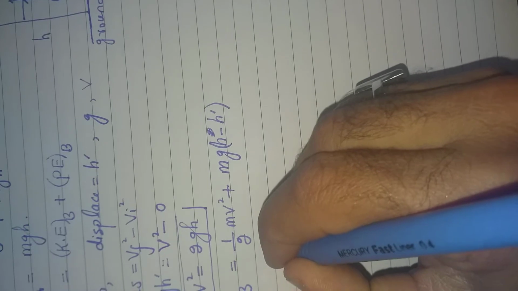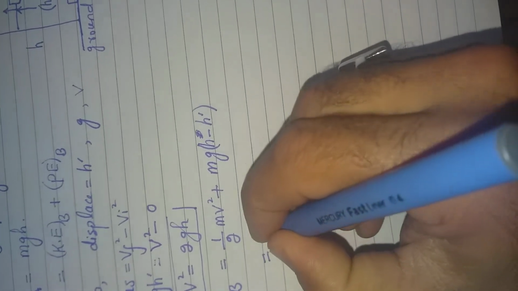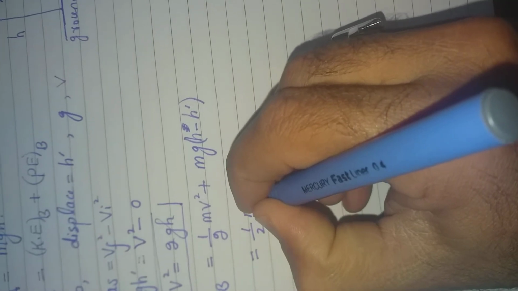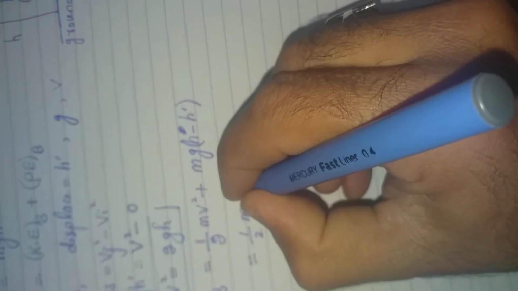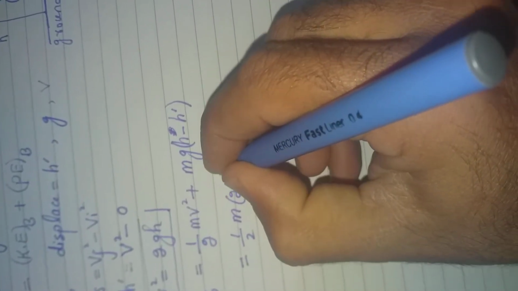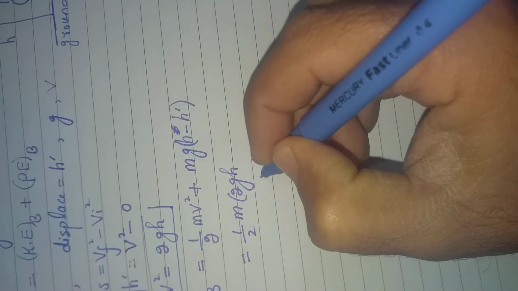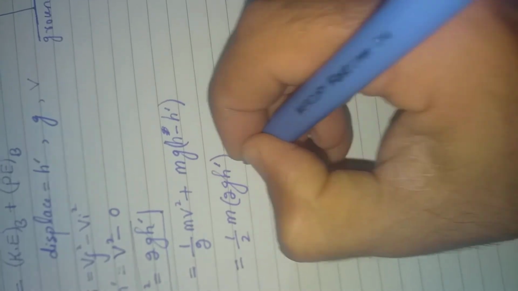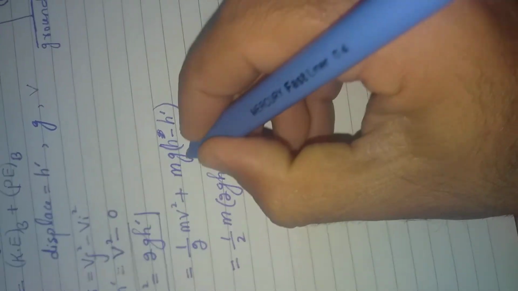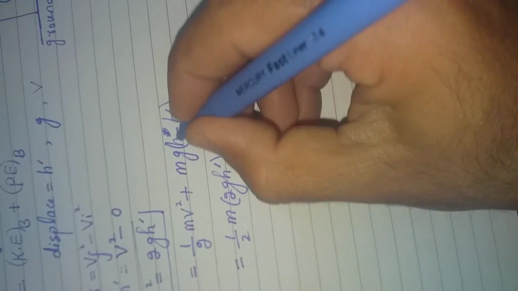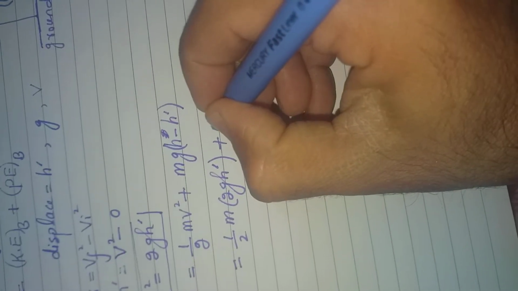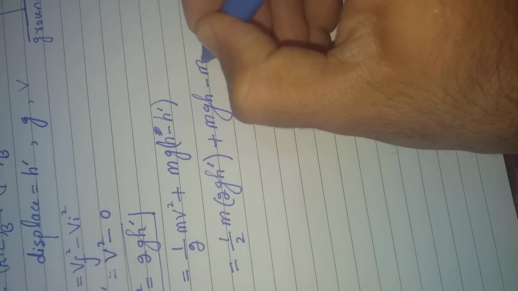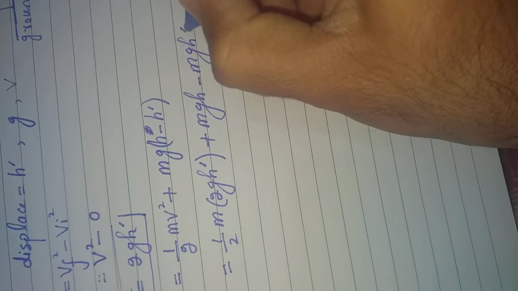Now total energy at point B will be equal to half m, so instead of v squared we will write 2gh dash, plus mg multiplied with both these terms, so first will become mgh and minus mgh dash.